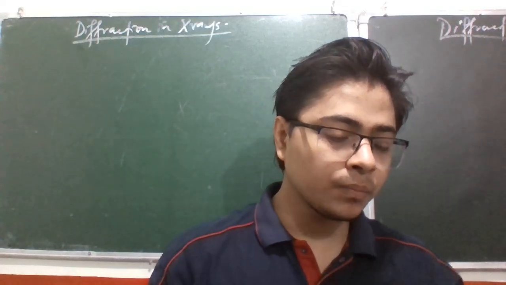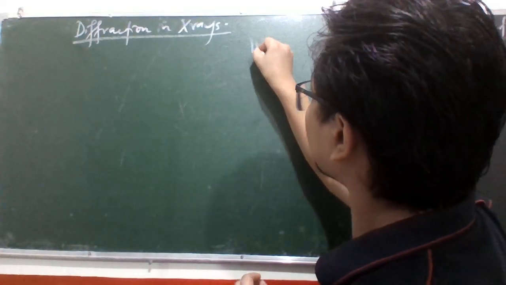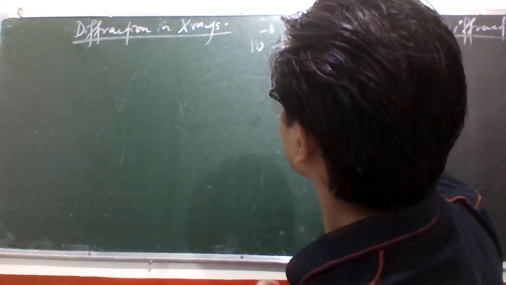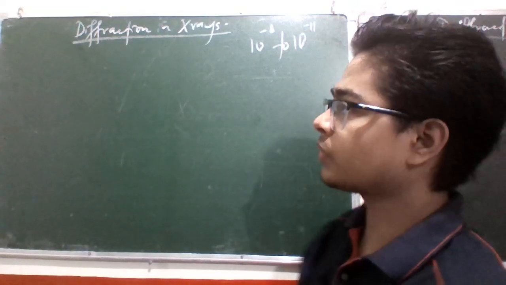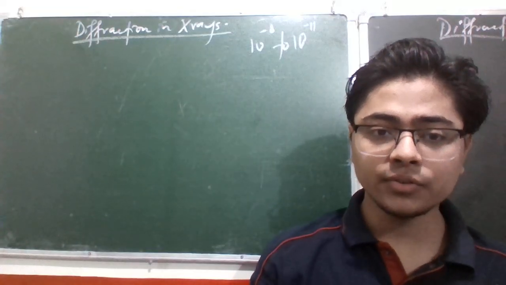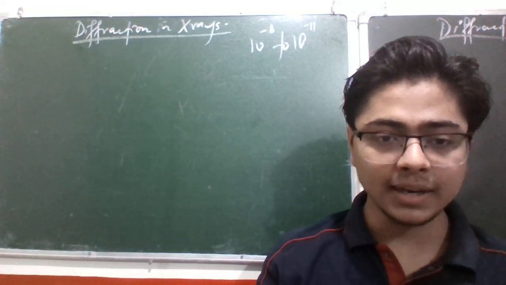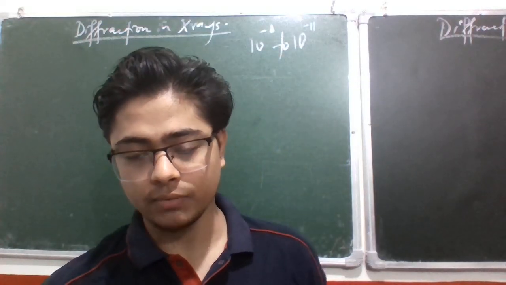Here we know that the X-rays have a wavelength of 10 to the power minus 8 to 10 to the power minus 11 to 12 meter. So that means we need a very fine, very narrow grating which could diffract such a tiny wavelength.